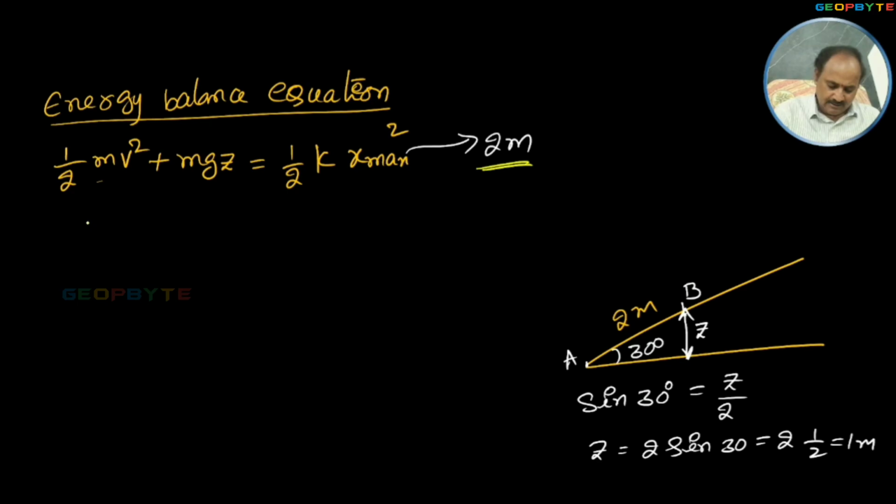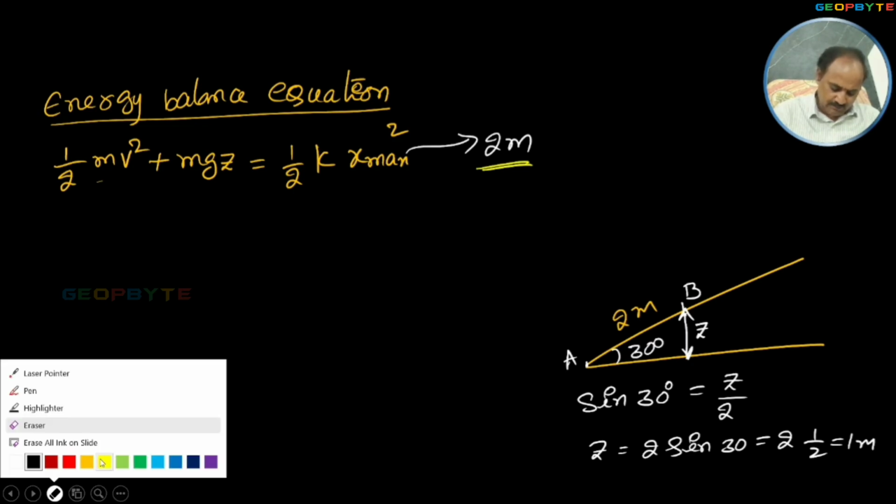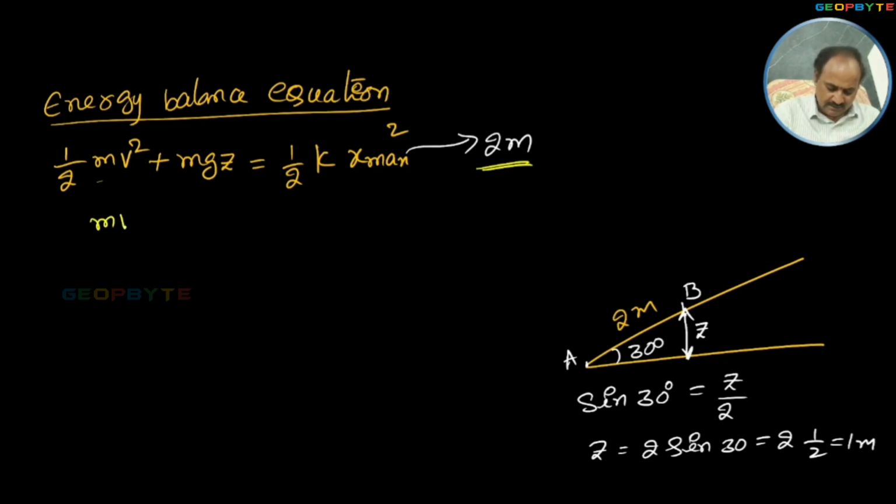From this I can write m v square. Let me write it clearly. Let us multiply by 2 on both sides. Here we get m v square plus 2mgz equal to k x max whole square, right?